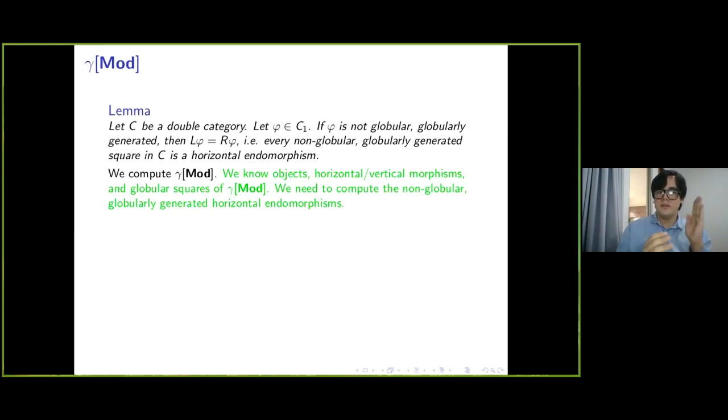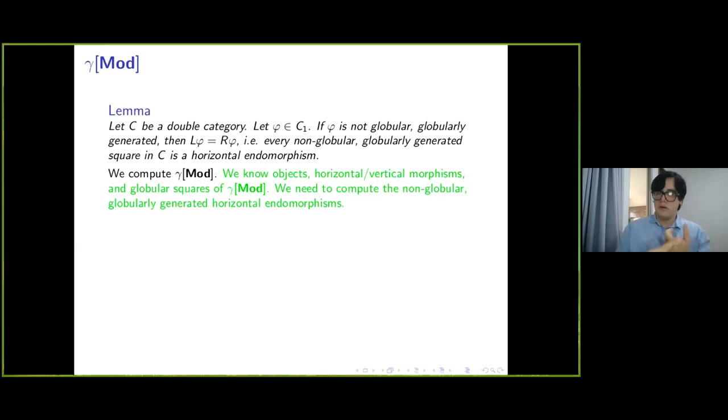Then in that case, the horizontal source and target of phi are the same, or the left and right frame of phi are the same. Every non-globular, globularly generated square in a double category is a horizontal endomorphism. If you start with a double category and you want to compute its globularly generated piece, we already know that the decorated horizontalization of the globularly generated piece is the same as the decorated horizontalization of the original bicategory.